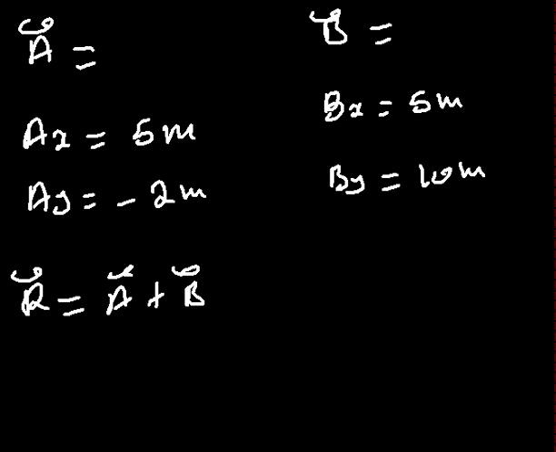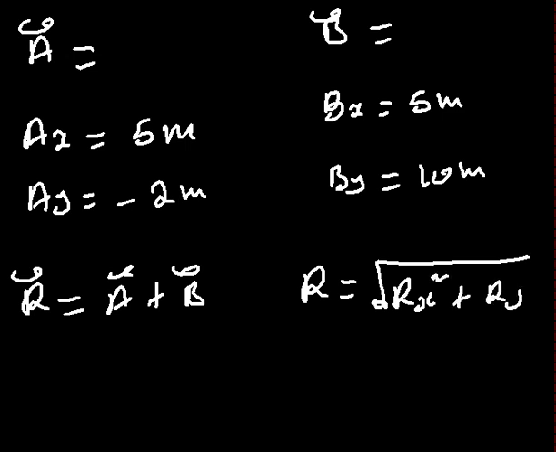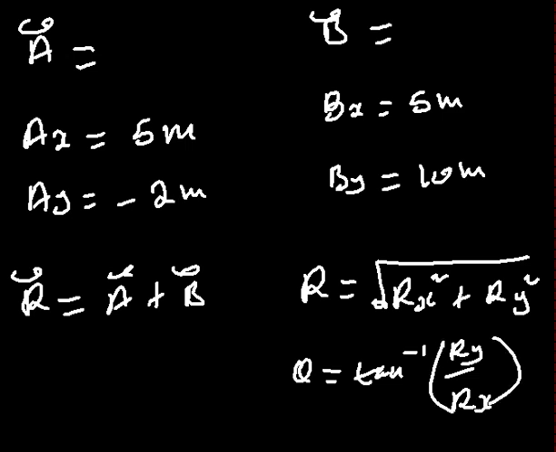So we understand that the magnitude of the resultant vector will be given as the square root of Rx squared plus Ry squared, and the direction, which is the angle theta, will be given as the tan inverse of Ry divided by Rx. That much you should know. And how do we get all those components?